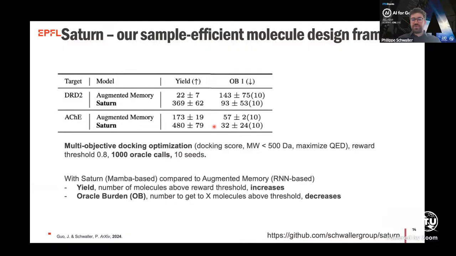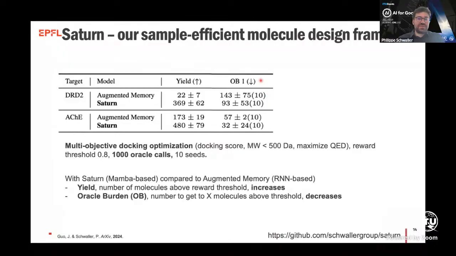But then with Mamba, we got surprisingly interesting results, and here I'm just showing yield and the oracle burden. The yield, in this multi-objective docking optimization, is how many molecules in 1,000 oracle calls you find that satisfy the property profile.